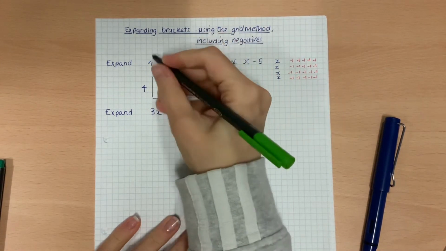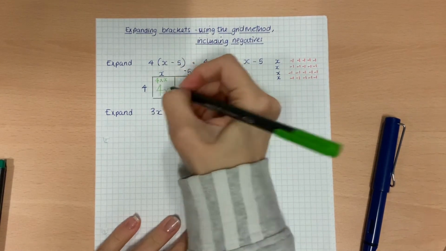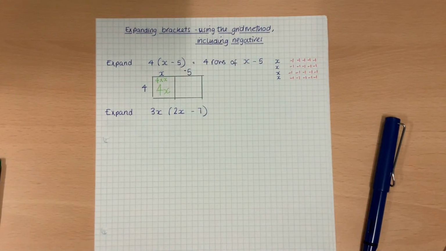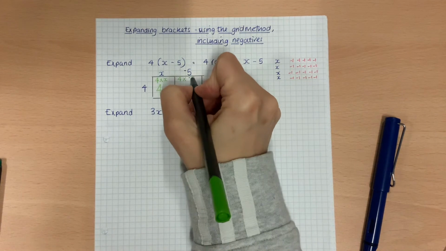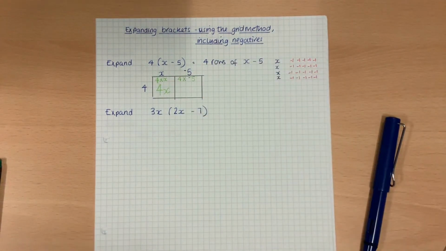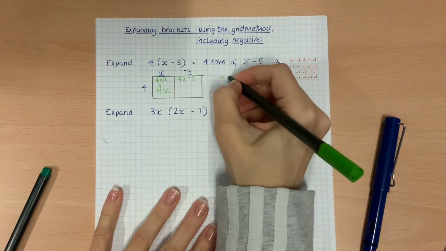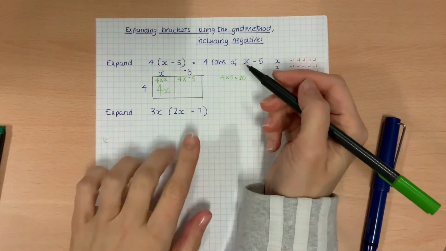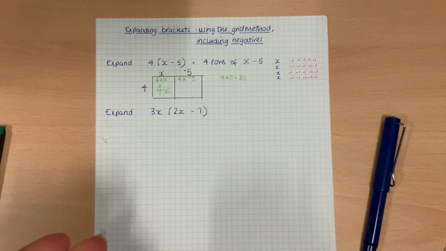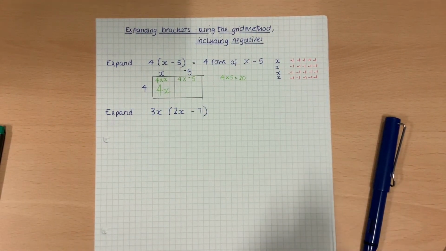4 times x, which we all know is 4x. The next one, the numbers that I'm going to multiply together this time are 4 and negative 5. If you remember what I said to you, we would do 4 times 5, which is 20. And then because one of them is a negative, it does the opposite, the inverse of what it is.